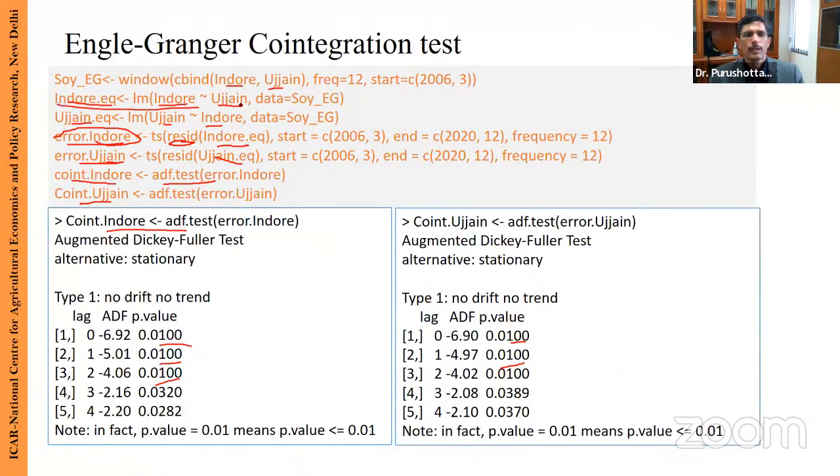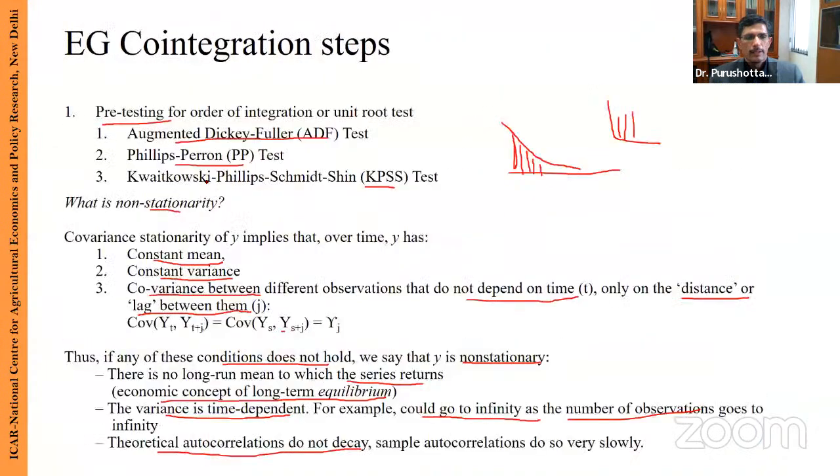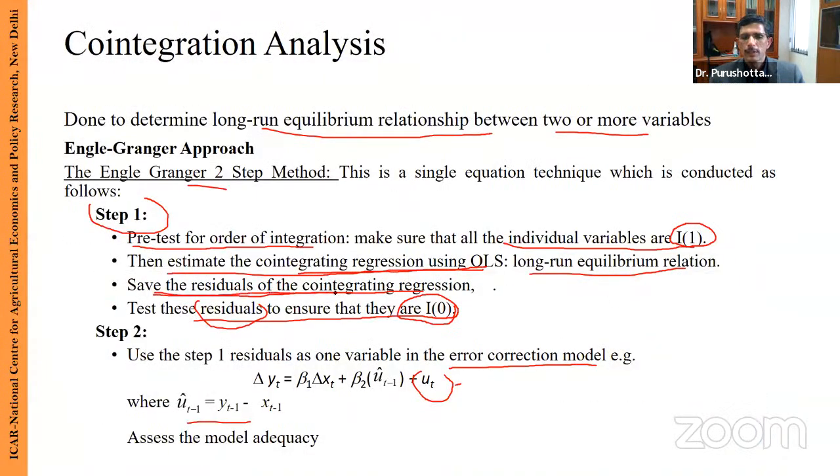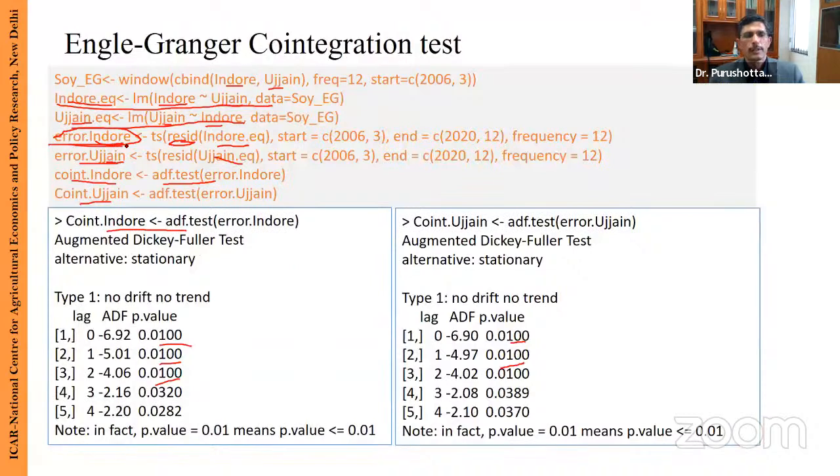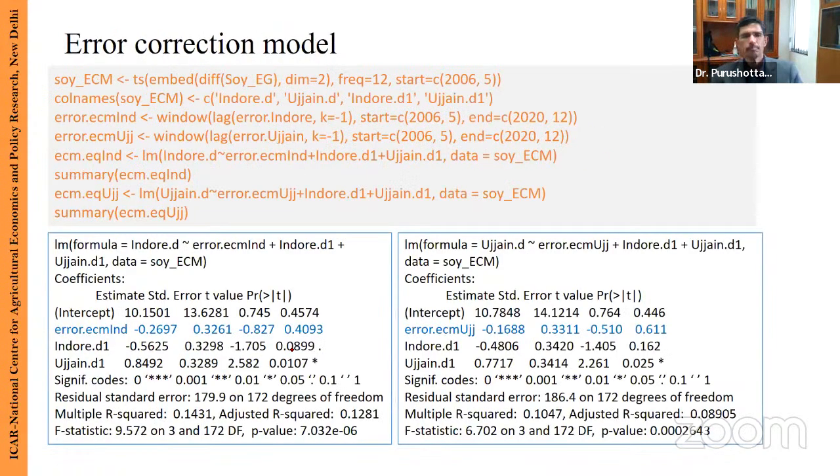This is the long-run OLS regression for Indore, for Ujjain. And then we have saved the residual series from the cointegration regression. So this is the residual series from this regression. And then we have tested for stationarity of the residual series. Okay. And this is clear that these two series are cointegrated.